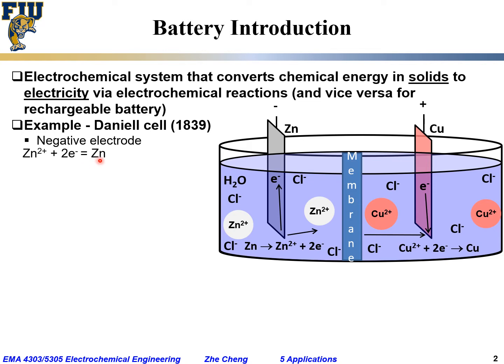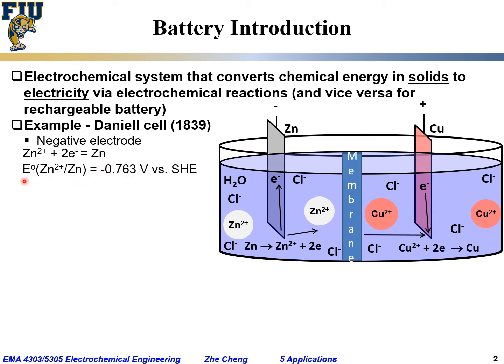When it's going through the oxidation half cell, then the zinc loses electrons to form zinc ion. On the other hand, during charging, the zinc ion would combine with electrons to form zinc metal. But generally, in this Daniell cell, we have the negative electrode, and that is our zinc electrode.